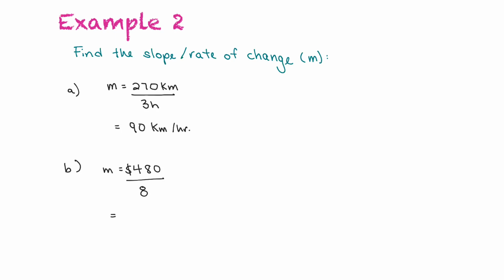And that's going to equal $60 per game. So each game costs $60. So slope is another way of looking for the unit rate. So we practiced those at the beginning of our course, calculating unit rate of change. This is the same thing. It's just called slope now. It's still the rate of change, or the unit rate.